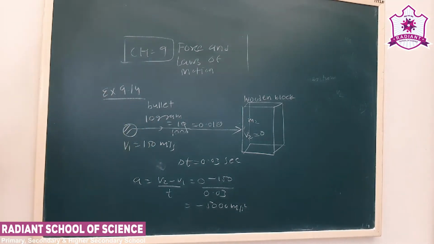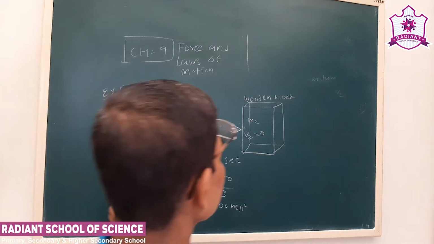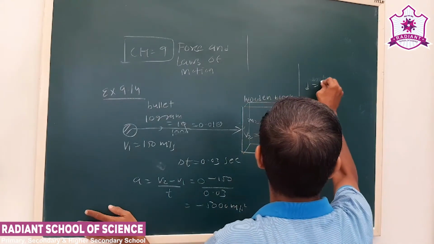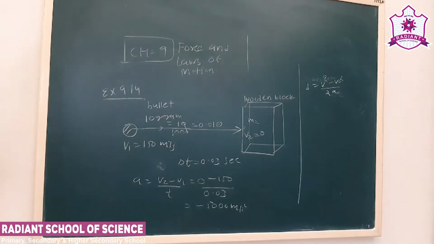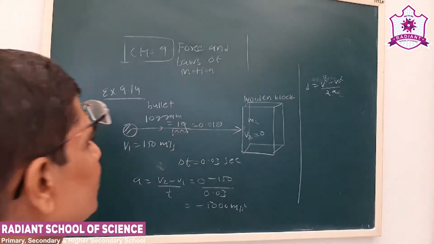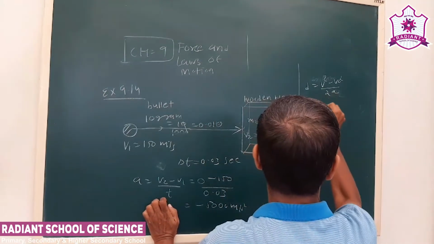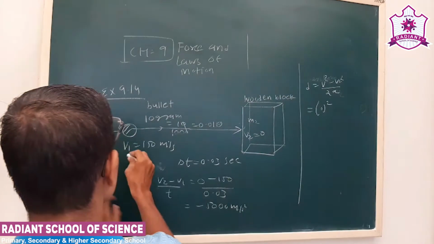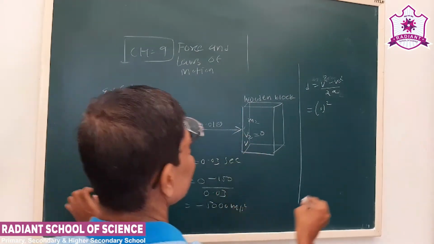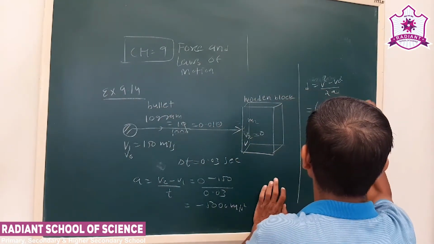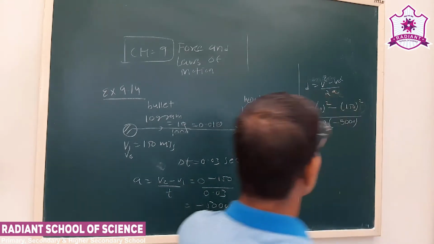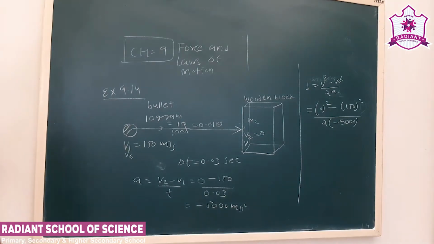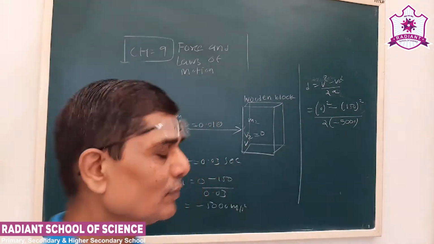Now, what is the acceleration? Okay, the distance travelled we have to consider. Distance travelled we have studied. This is the formula we have used a number of times. This will be V and this will be V0. Because of the wooden block, the distance covered will generally be very less.